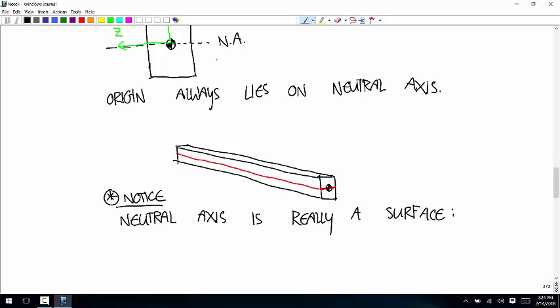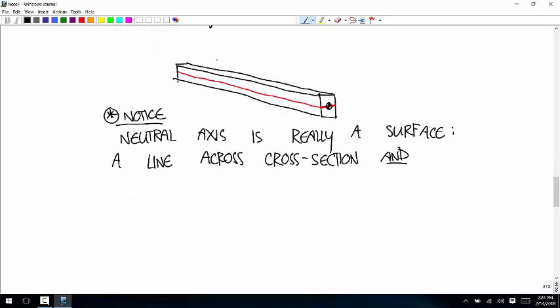And so that surface, you can think of as a line across the cross section. And it also makes a line across the side view.